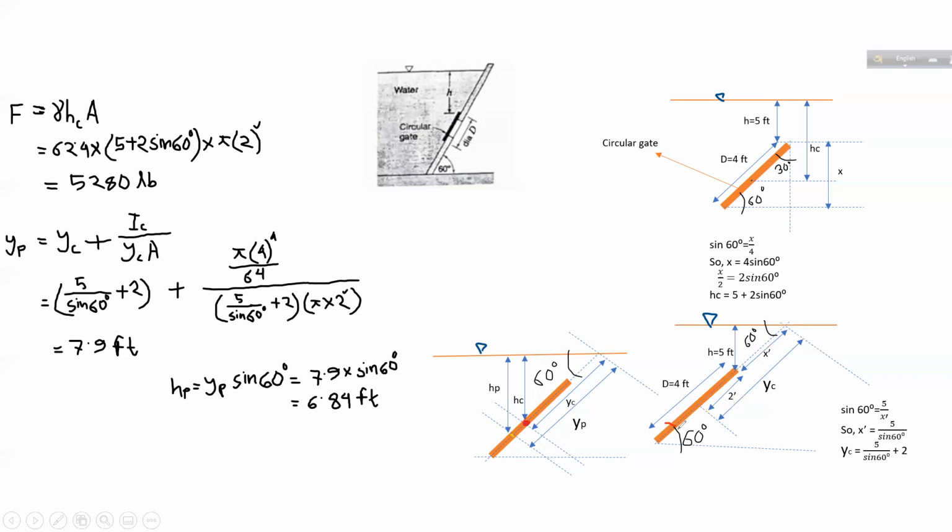If you look here, if this is 60 degrees, this angle must be 60 degrees, and we can consider a triangle here. So from this triangle, sine 60 degrees is equal to 5 by x dash. So x dash is equal to 5 by sine 60 degrees. So the final length of YC is equal to 5 by sine 60, which is x dash, plus 2 feet.